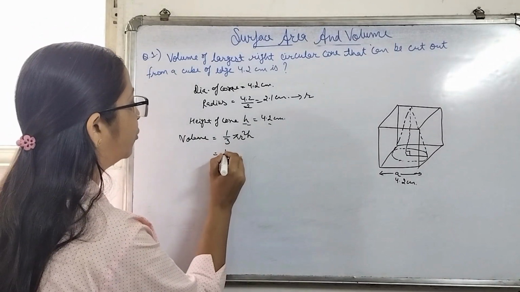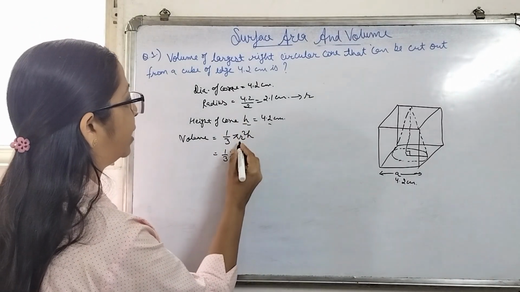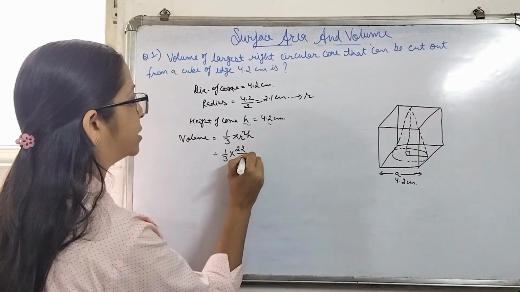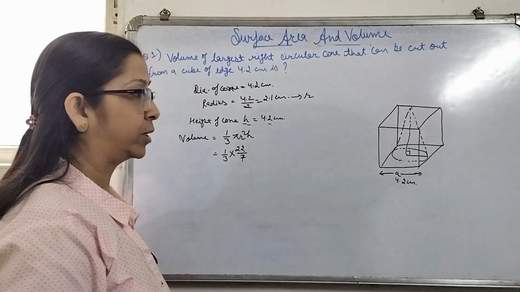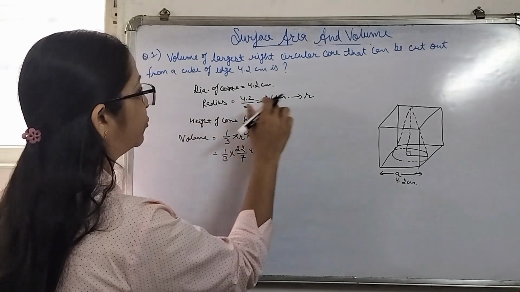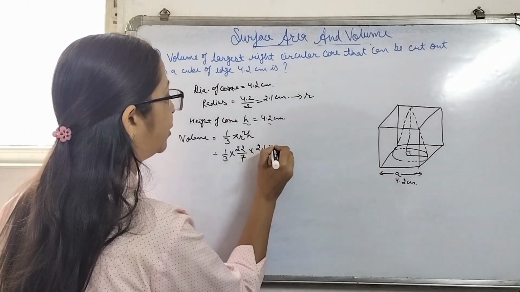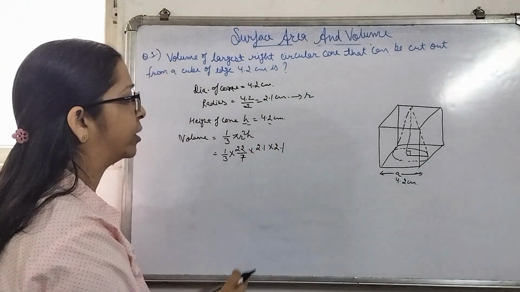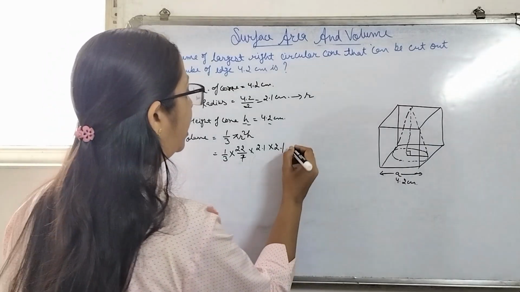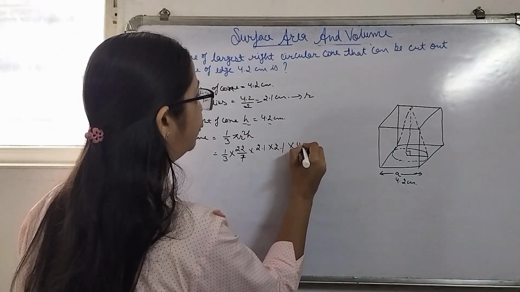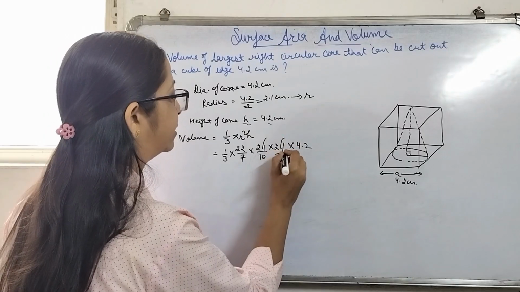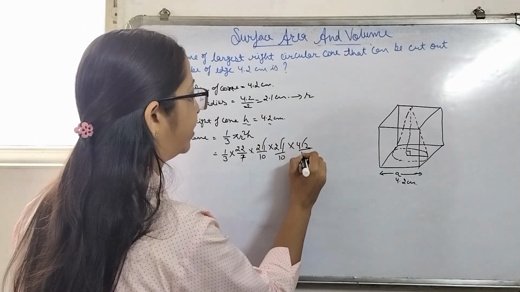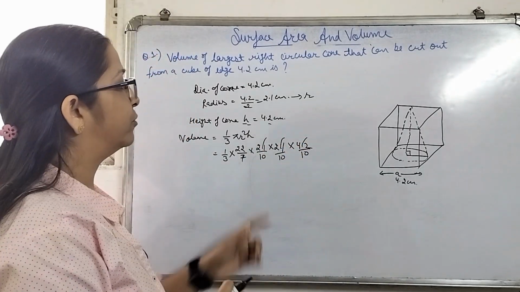So it will be 1 upon 3. The value of pi, whenever it is not given, take pi as 3.14. Generally we take it as 22 by 7 only. The value of r, we have just calculated, is 2.1. So r square will be 2.1 into 2.1, and then h, that is 4.2. We can just remove the decimals and keep 10 in the denominators, because everywhere in all the 3 numbers there is 1 decimal place.